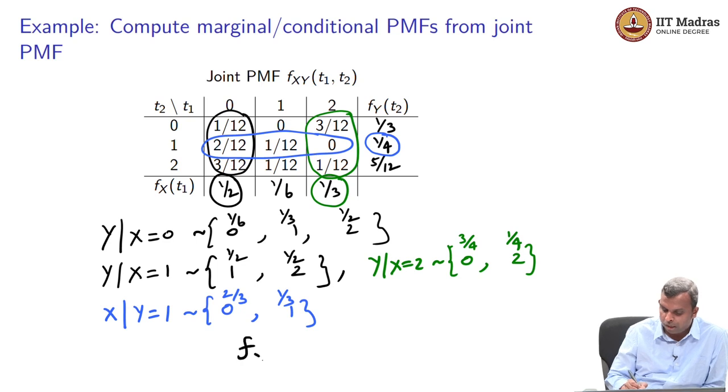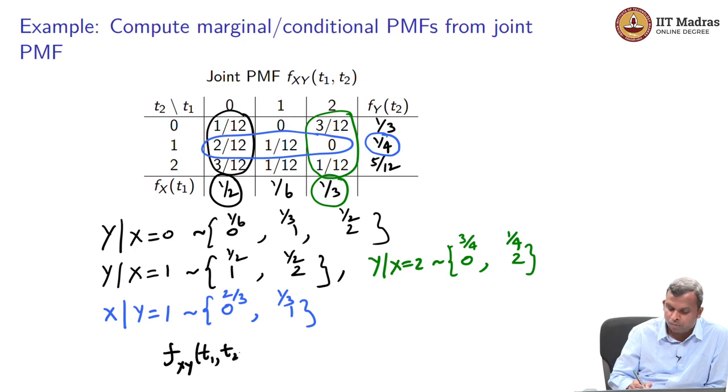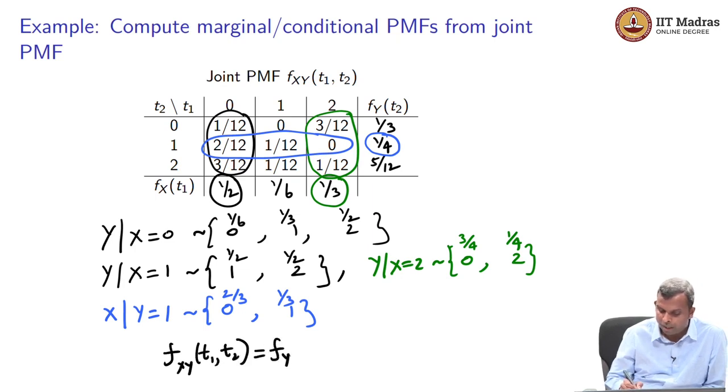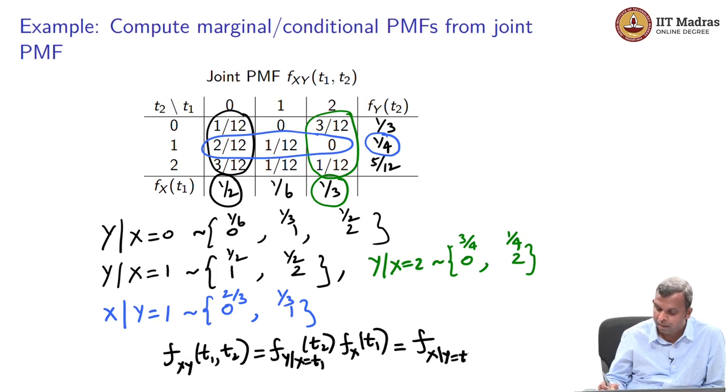It's always true that f_XY of t1, t2 equals, maybe I should start from the left side and right. This is an important little equality for you to know. f_XY of t1, t2 is always equal to f_Y given X equals t1 of t2 times f_X of t1, and it's also equal to f_X given Y equals t2 of t1 times f_Y of t2.